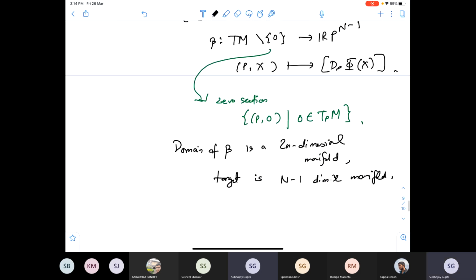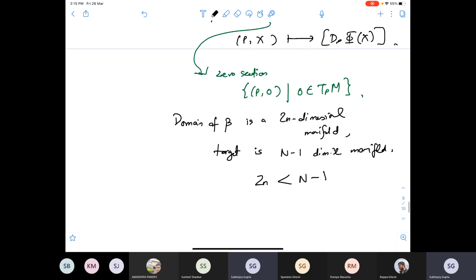From our assumption, 2n is strictly less than n-1. By Sard's theorem, or the corollary, the mini Sard theorem, the image of beta has measure 0.